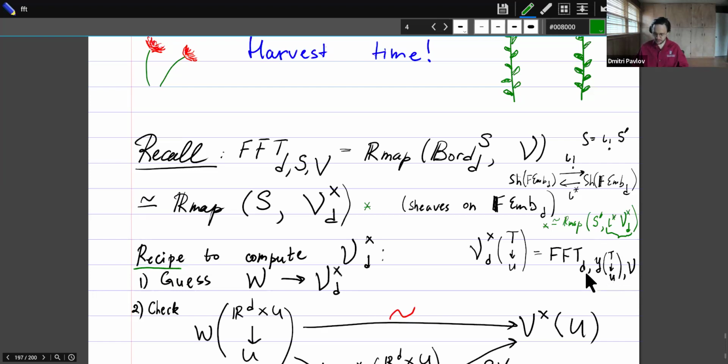Because the difference between enriched and unenriched is that in the enriched case, you also allow smooth families of morphisms, whereas in the unenriched case, you only have a discrete set of morphisms between representables. And this expression here, you can clearly translate to both an unenriched presheaf and an enriched presheaf, depending on your preference.